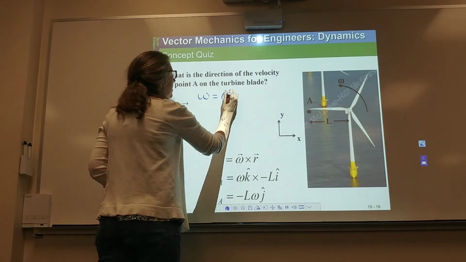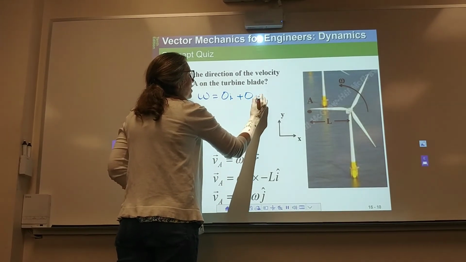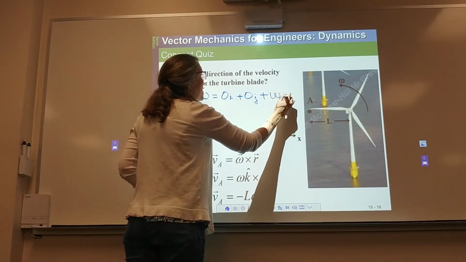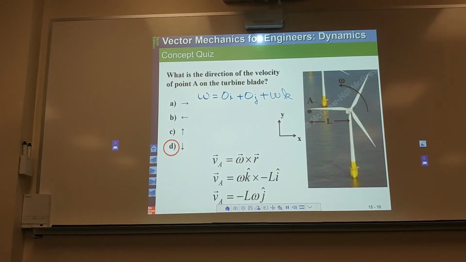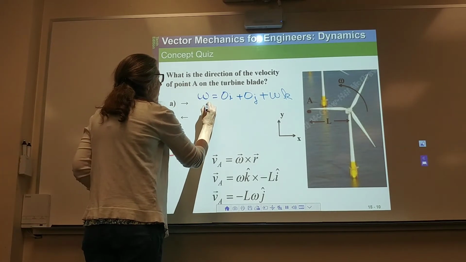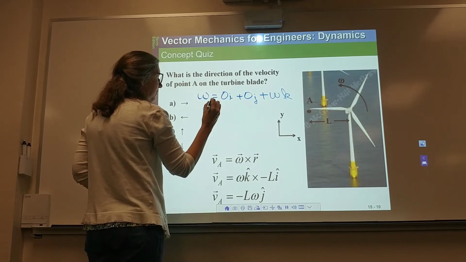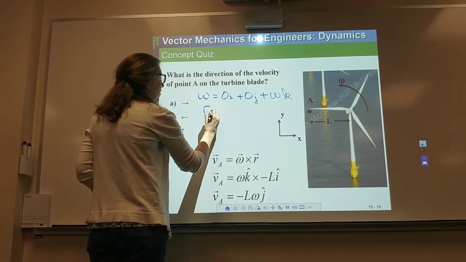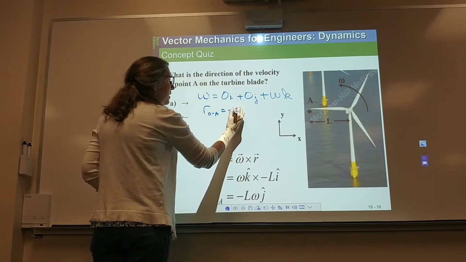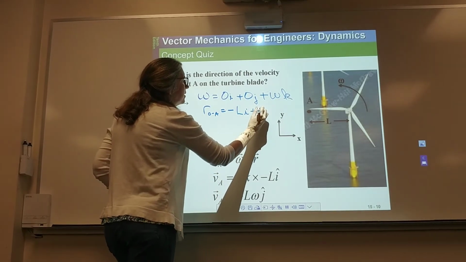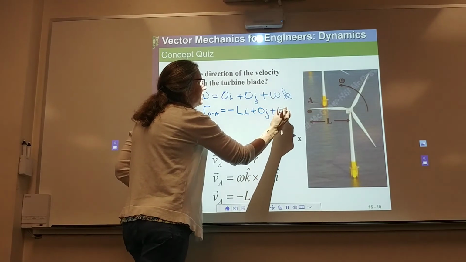So this would be 0i plus 0j plus omega k. Right? That means that the z-axis is what's spinning. Okay? The x and the y-axis are not spinning. And then we have a position vector from O to A, and that would be minus Li plus 0j plus 0k.